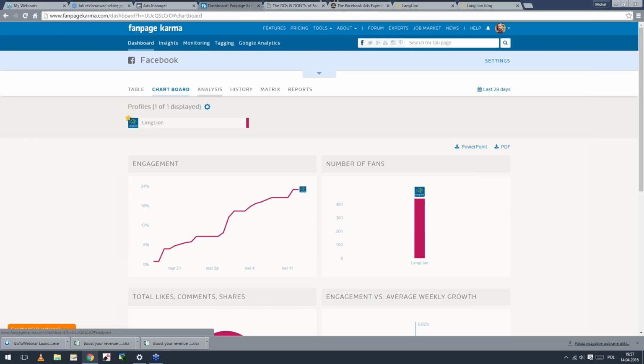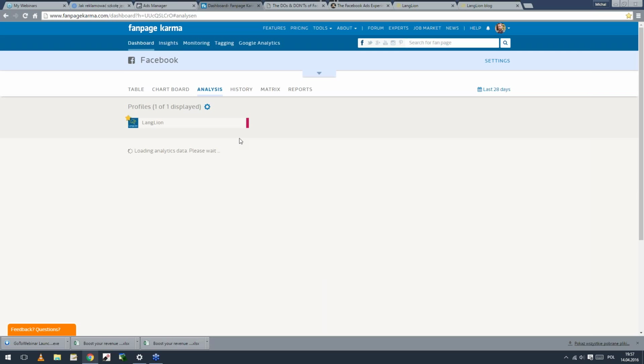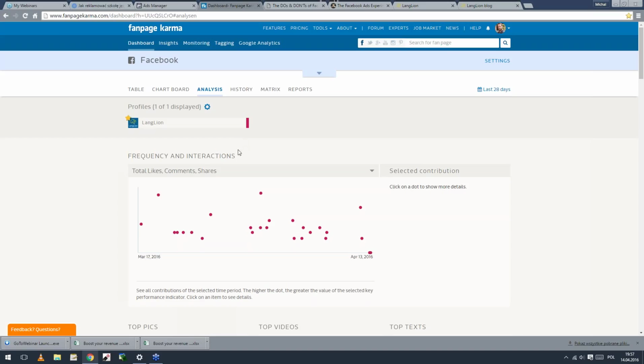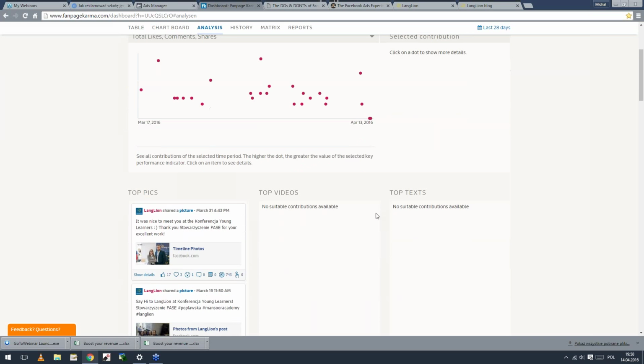If you would like to try out some tools or some managers for campaigning, no problem. They have some features that are extra, but in my opinion, for starting your journey with social media, it's a good thing that you set up a profile here and you check what's going on. So after some time, when you set up your profile, you will see here some results.